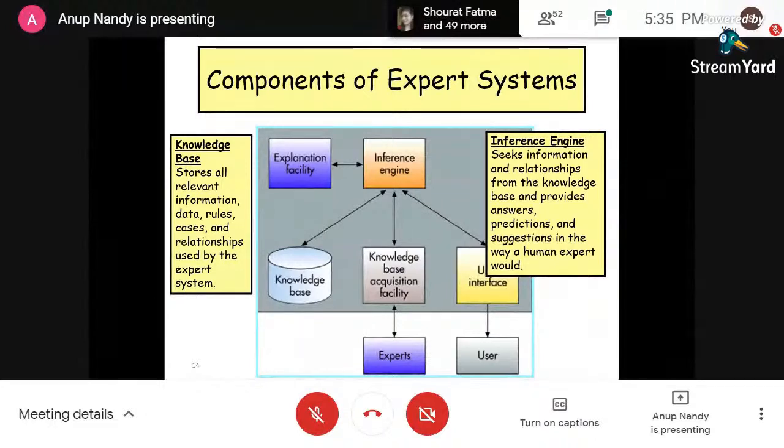At that time, computer programs were not very smart, and a very common AI programming language was Prolog, which stands for programming in logic.